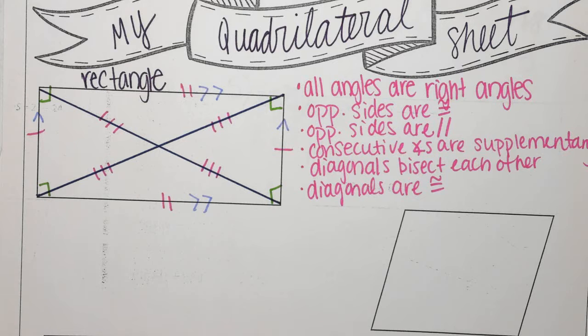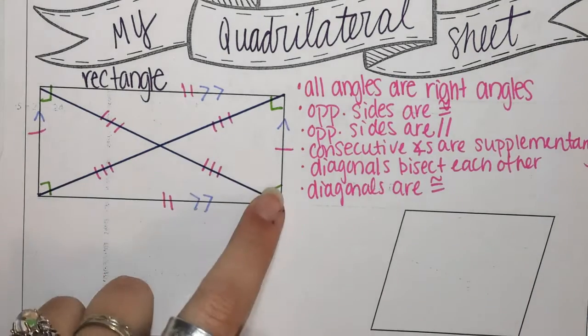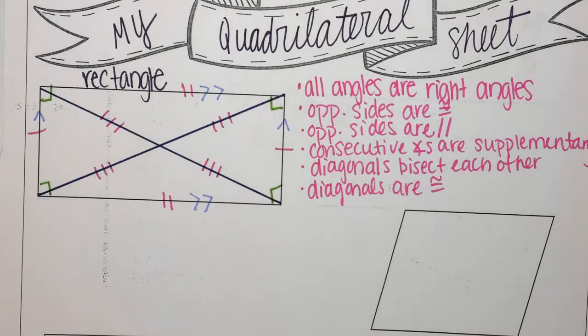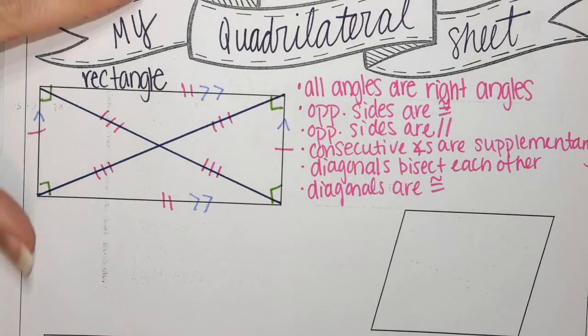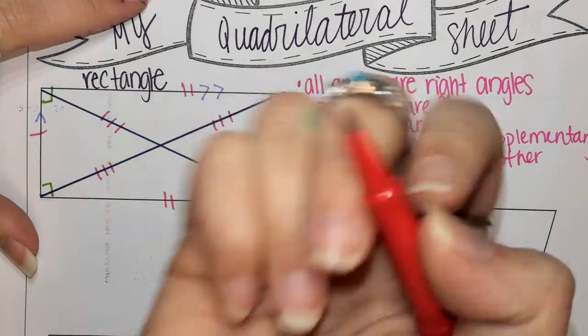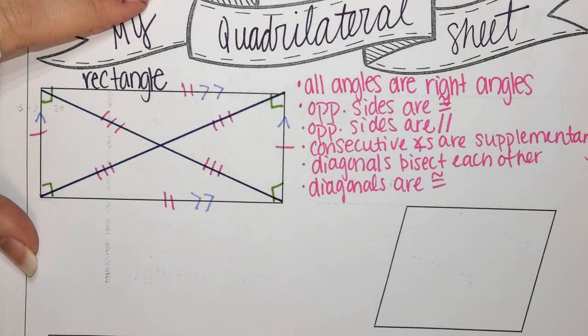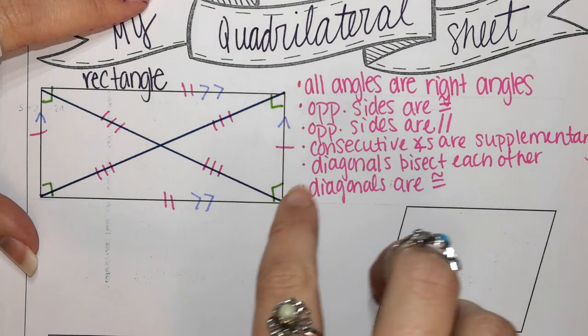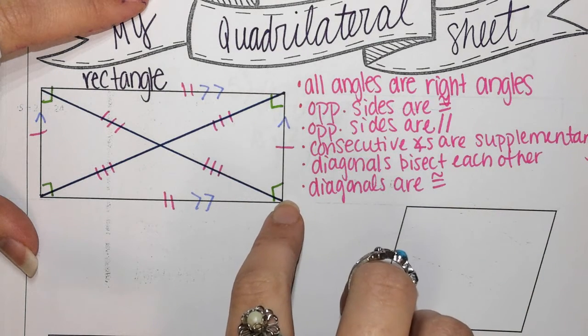Now, do the diagonals bisect the angles on a rectangle? No, they do not. Diagonals do not bisect the angles on a rectangle. Yes, honey, it still goes to the angle.